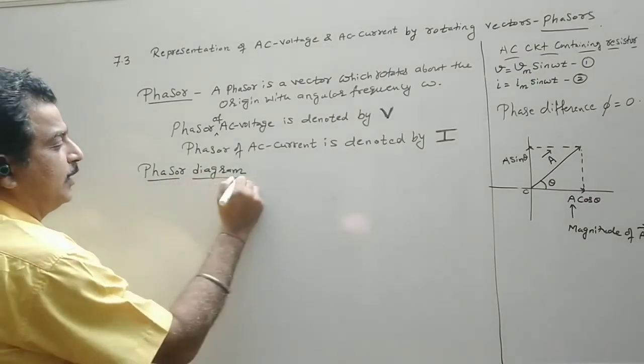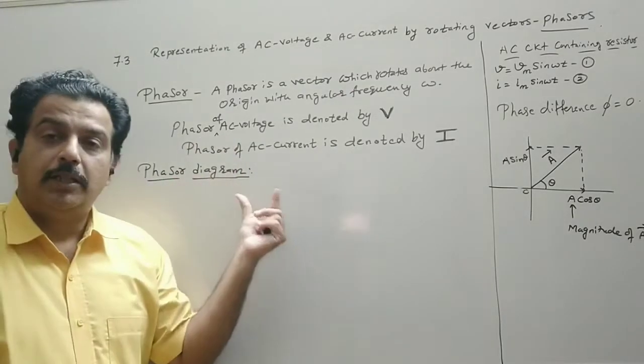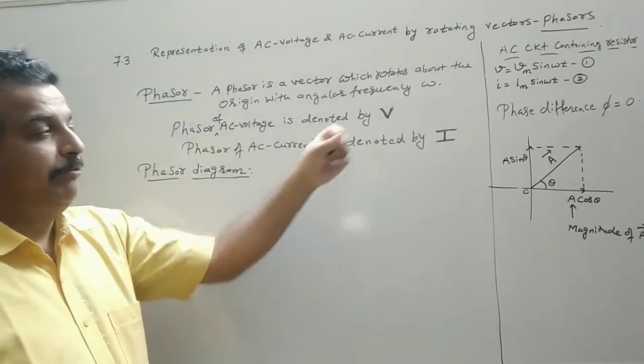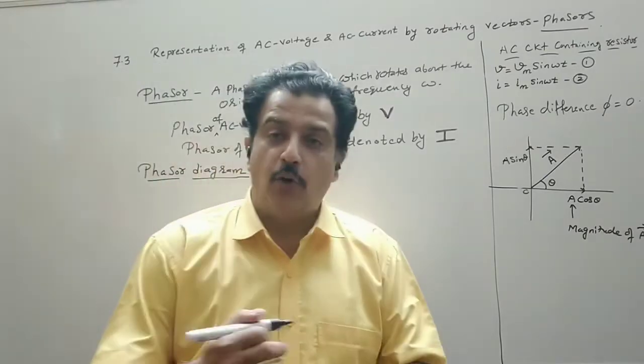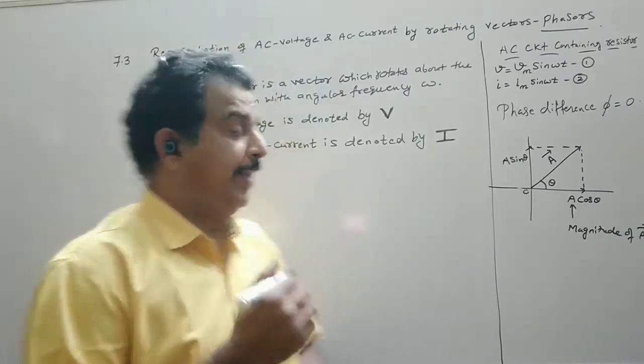Now what is a phasor diagram? A phasor diagram is a diagram which represents the phase difference between V and I. That is, it will indicate by how much the current is leading or lagging.